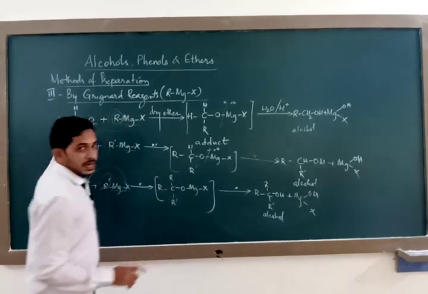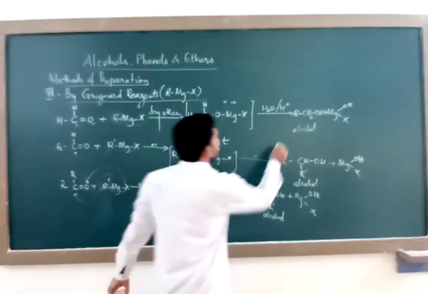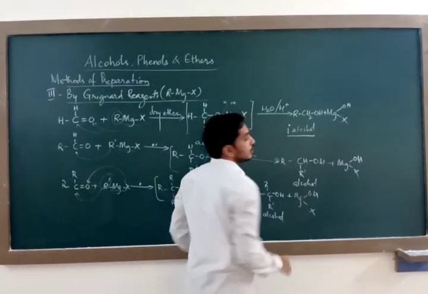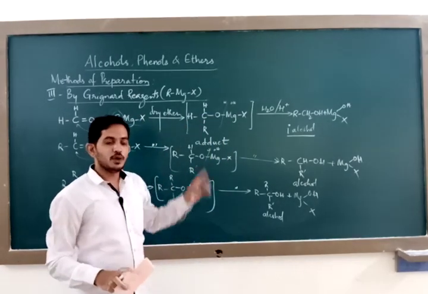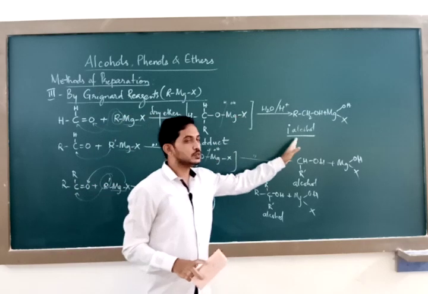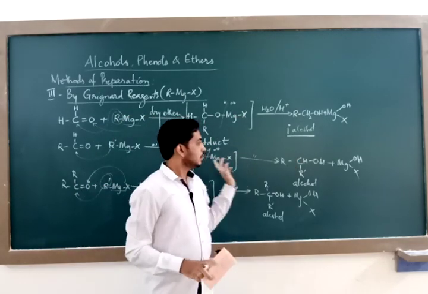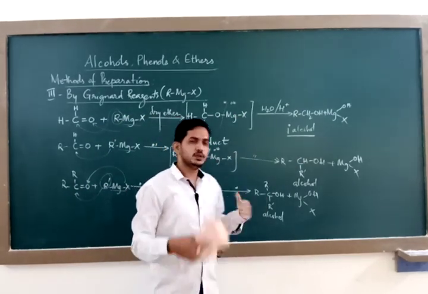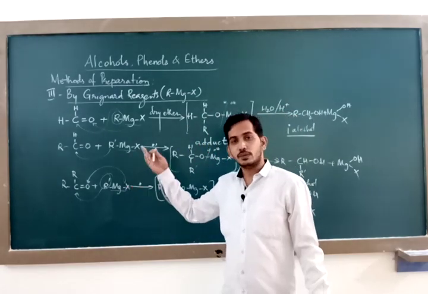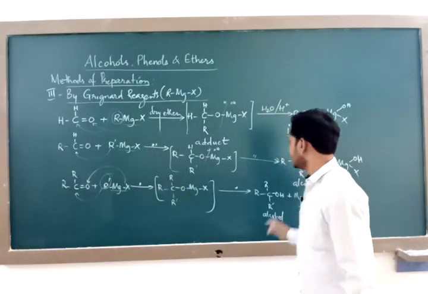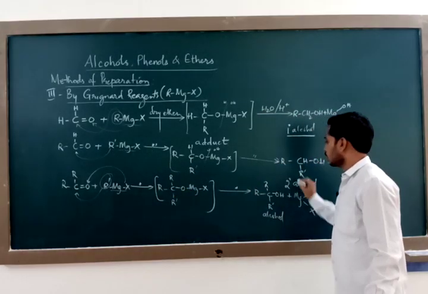If it is formaldehyde, only then you will get a primary alcohol. This should not be forgotten. Only formaldehyde upon reacting with a Grignard reagent gives you a primary alcohol. Other than formaldehyde, you take any other aldehyde, acetaldehyde, propionaldehyde, any other aldehyde, they will give you a secondary alcohol.